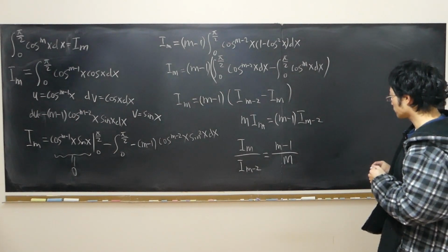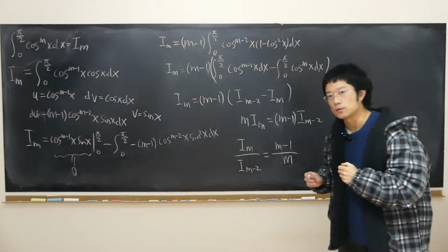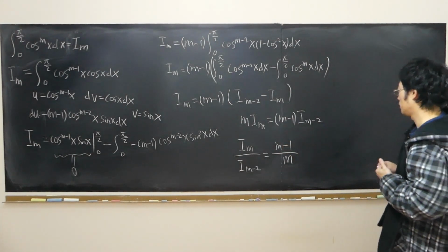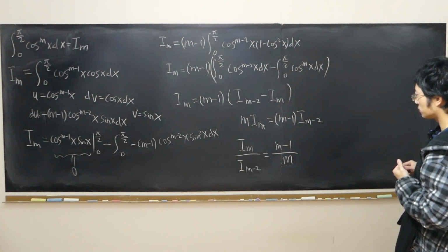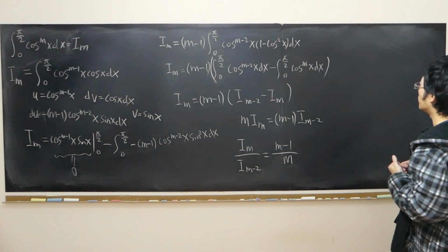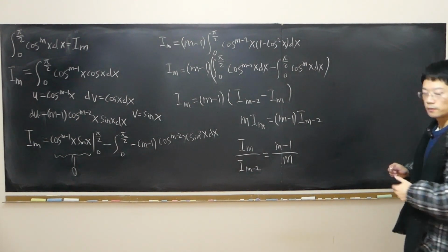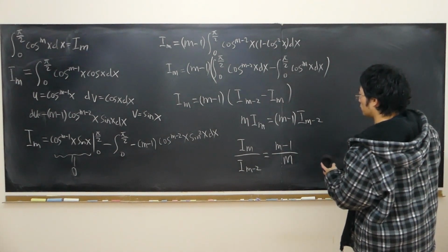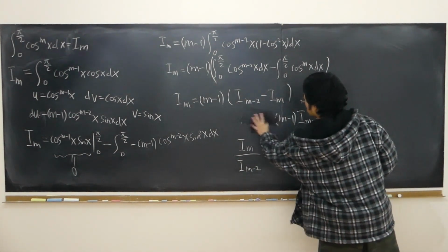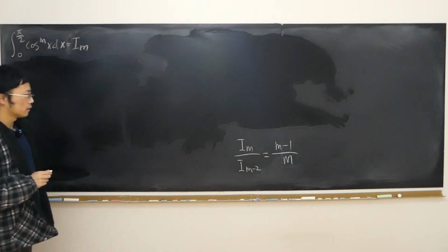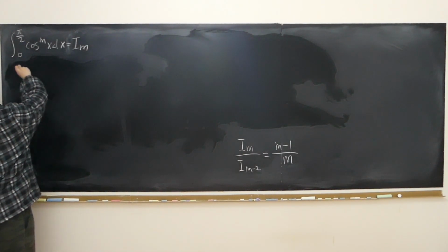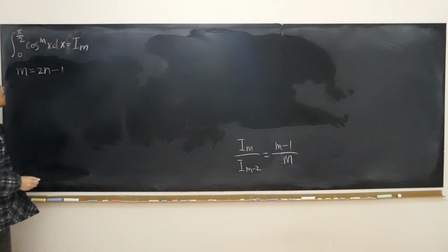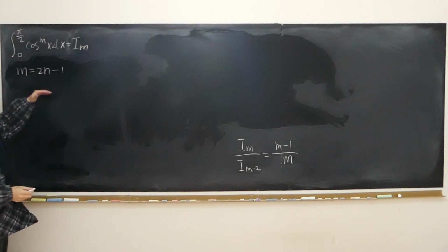Of course, the final result will totally depend on whether m is odd or even. Let me say if m is odd, m equals 2n minus 1, where n starts from 1, 2, 3 all the way.